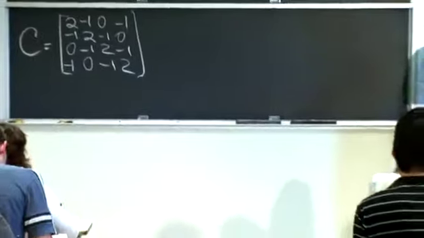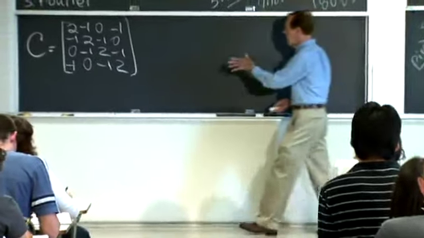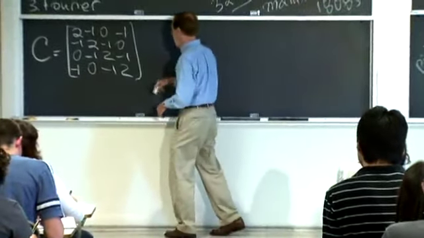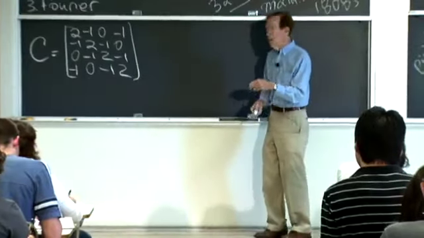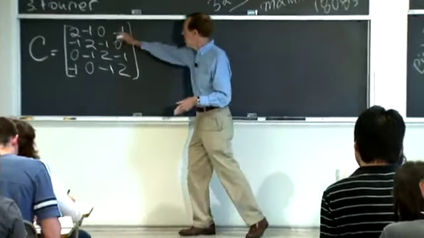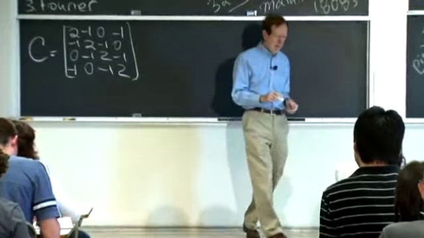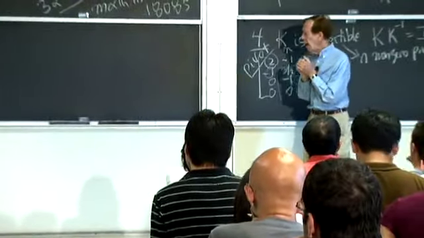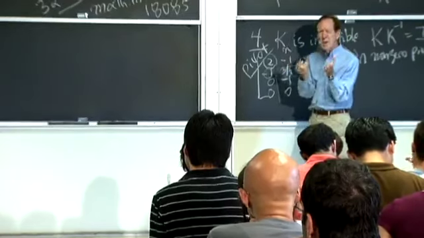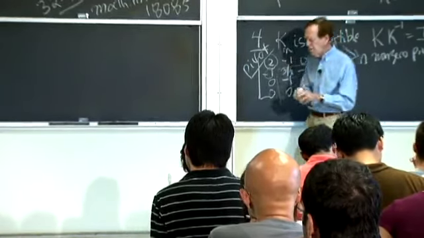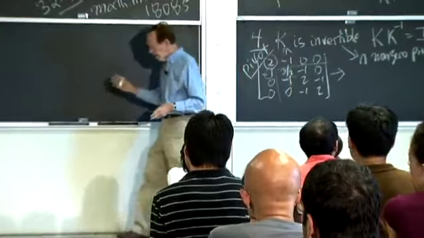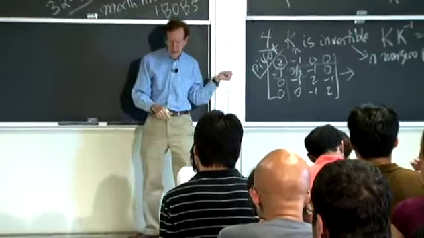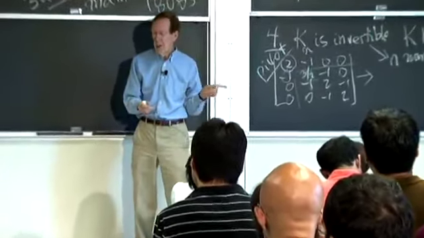It's still a Toeplitz matrix, actually. That would still be the matrix Toeplitz of 2, -1, 0, -1. I claim that matrix is not invertible, and I claim that we can see that without computing determinants. We can see it without doing elimination, too.